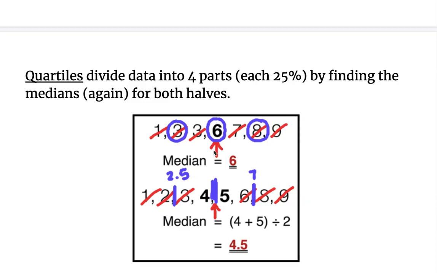So once we found the median, we would now look at the data as two different halves, and it's like we're finding the median for the first part and then the median for the second part, so that we end up with three different medians, which will divide our data into four parts.